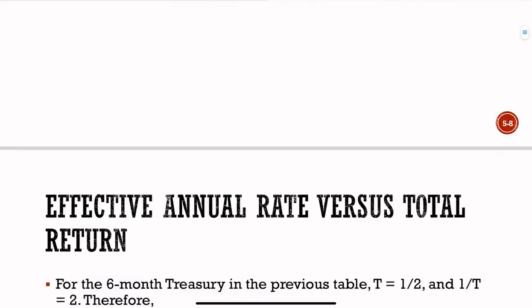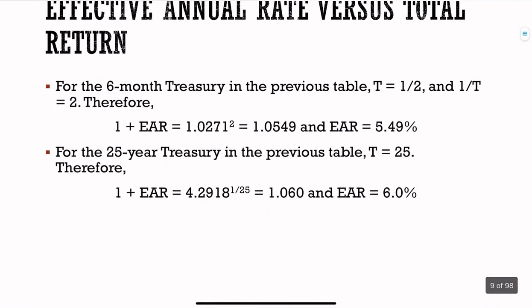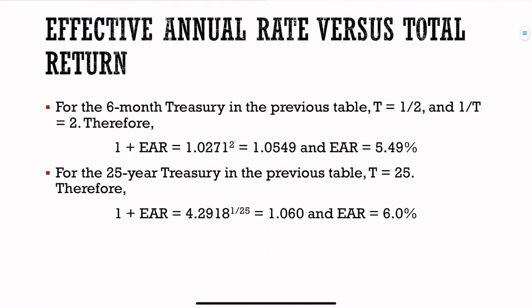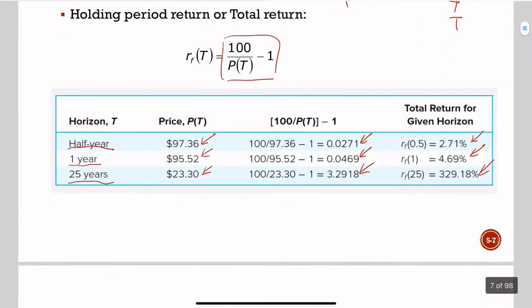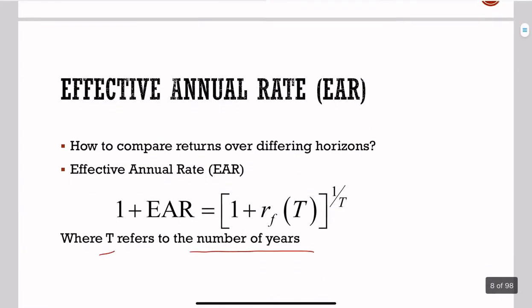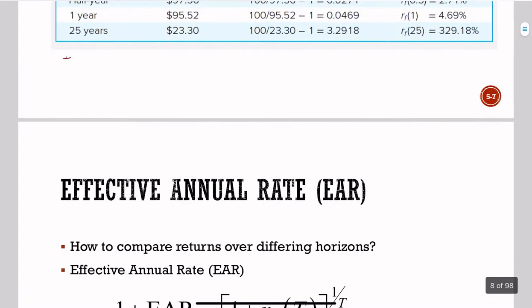I do have the example here. If you look at the first case, this half-year investment, EAR equals (1 plus R) to the power of 1 divided by T, minus 1.